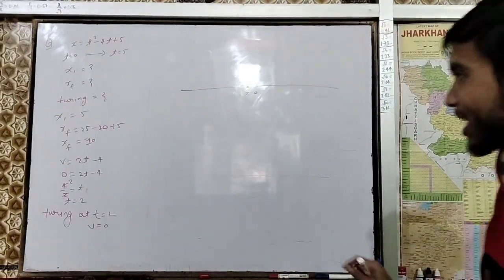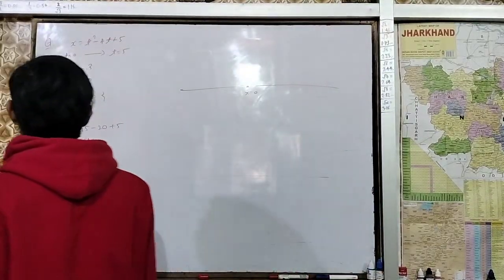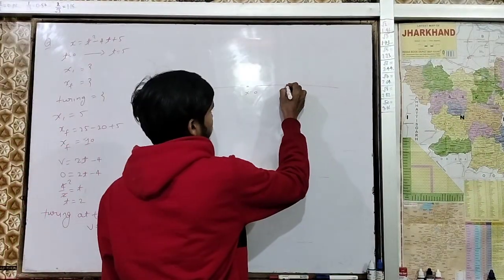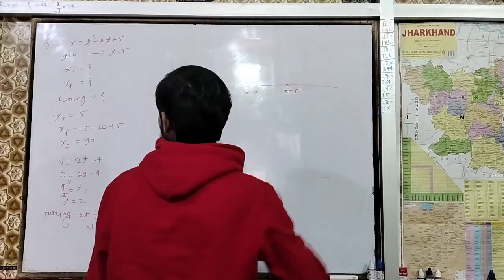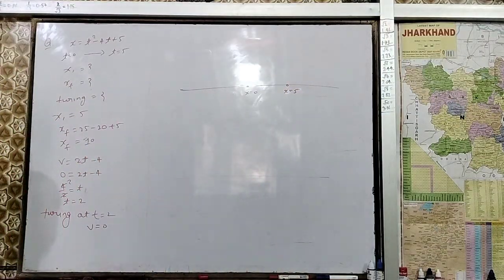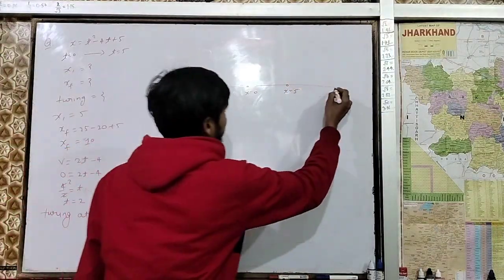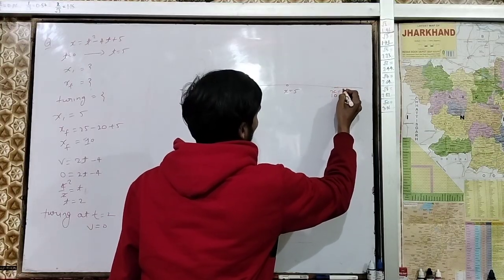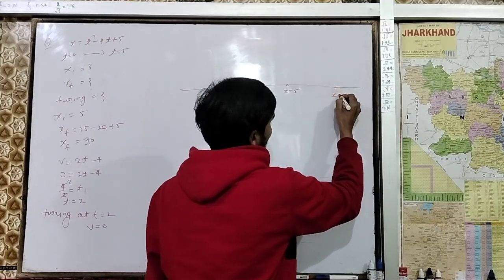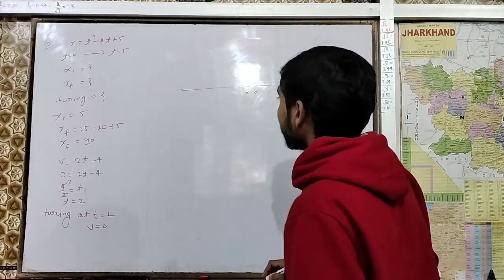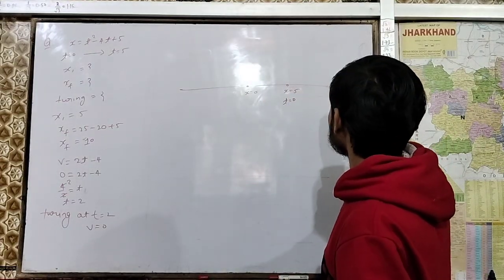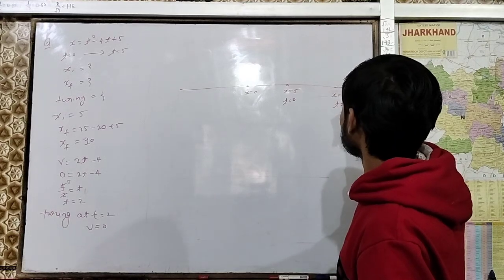Tell me where the initial location is. So x is 5, and the final location is 10. I think it is going over here. X is 10. Where is time? Here t is 0 and here t is 5.